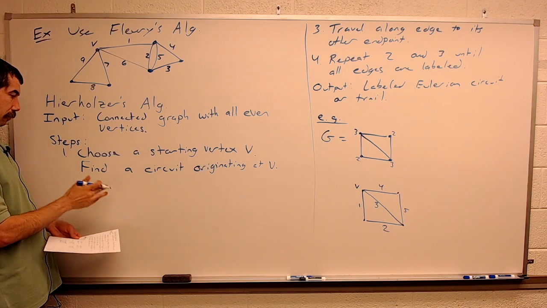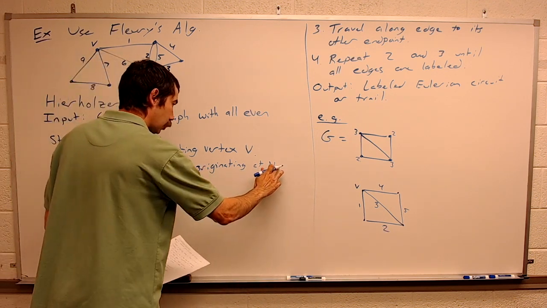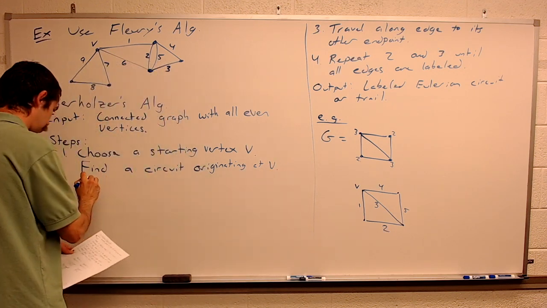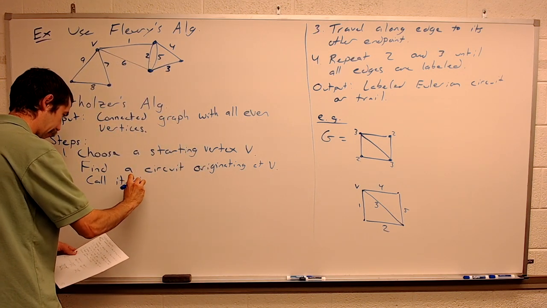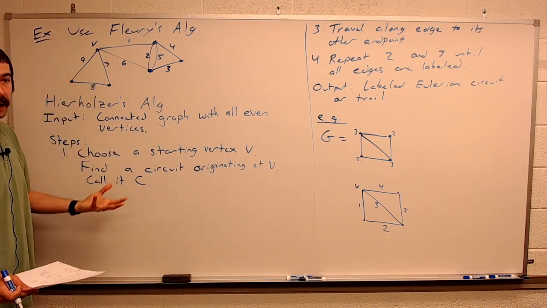That would be find a circuit originating in V. We're going to call it C. All right, so we have a vertex, and then we have some initial circuit.